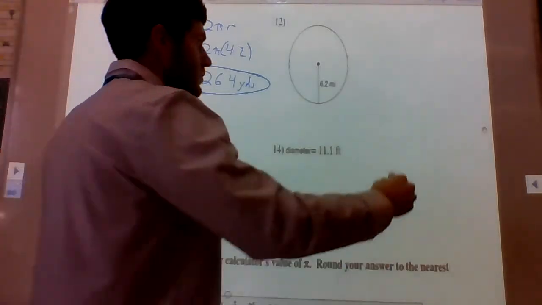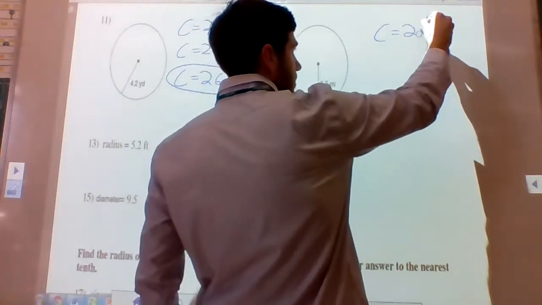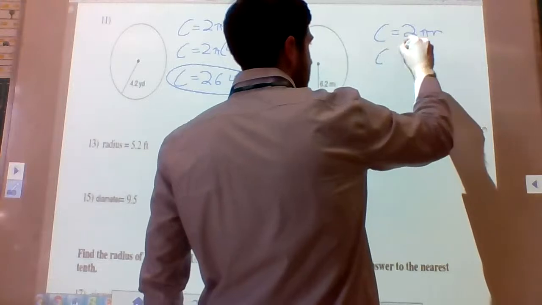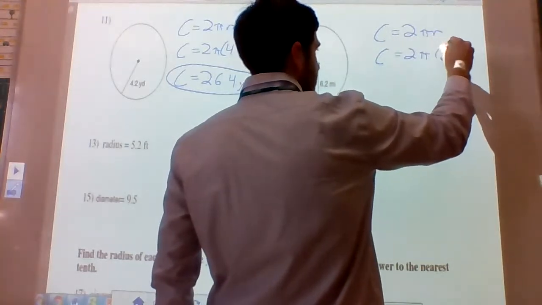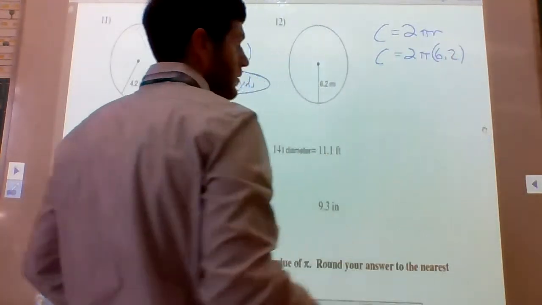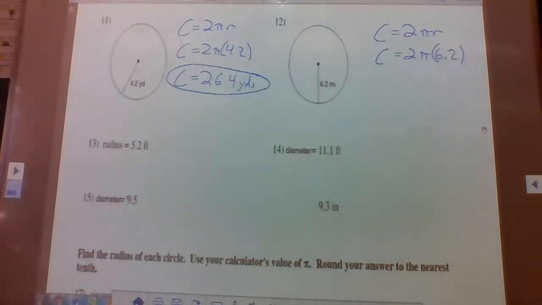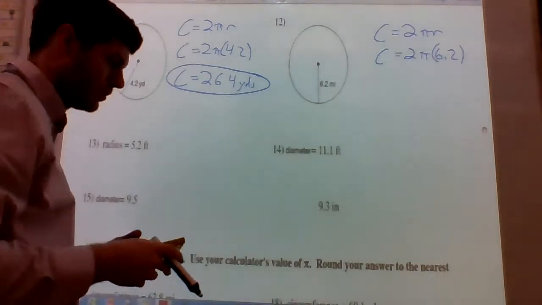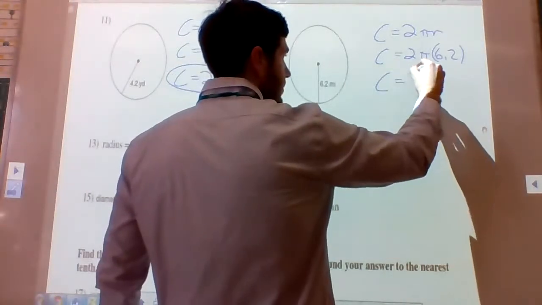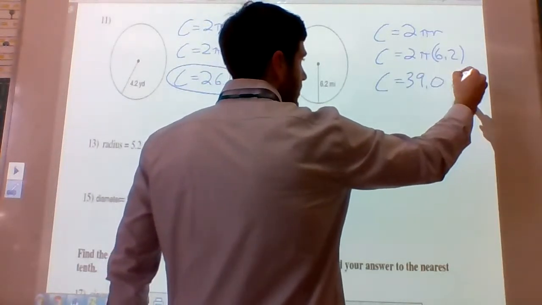Okay, circumference is 2 pi r. 2 times pi times 6.2. So that is 12.4 times pi, which is 39.0 miles.